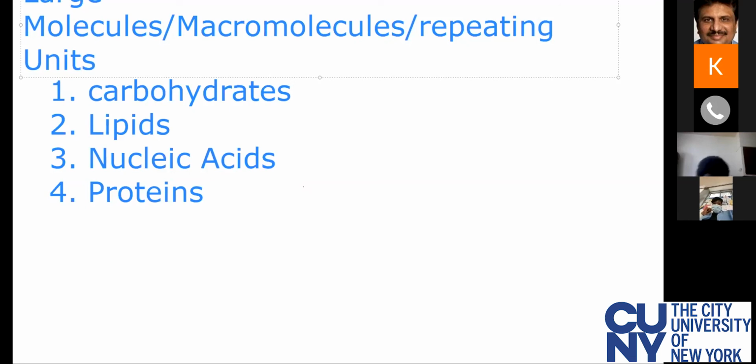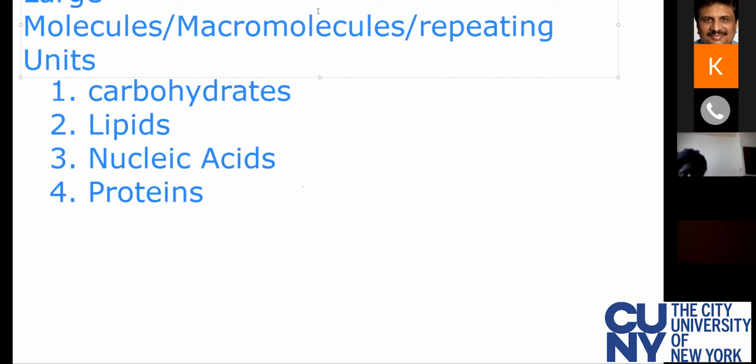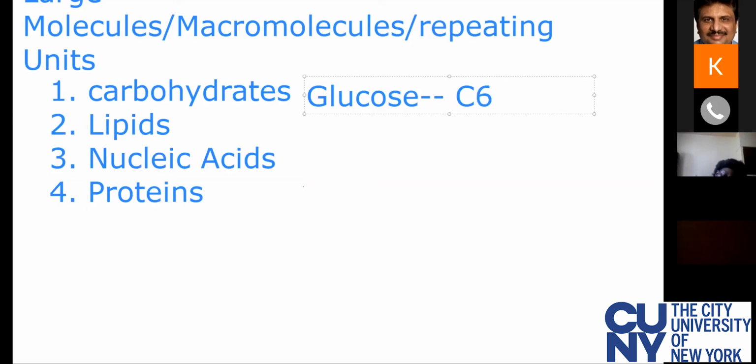So going one step ahead, carbohydrates are made up of a single unit, which is glucose, and glucose is written as C6H12O6.